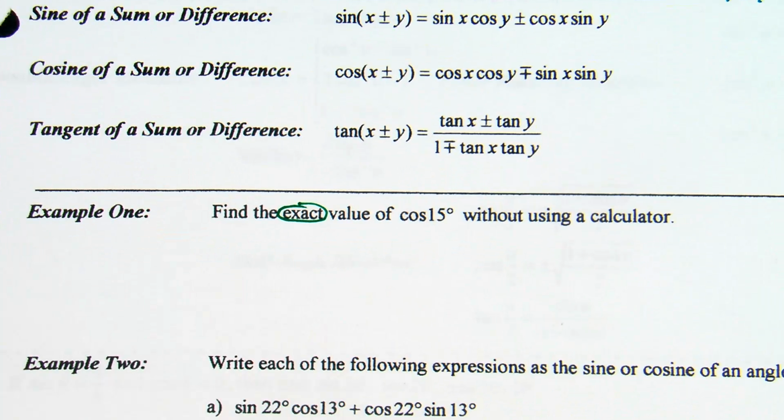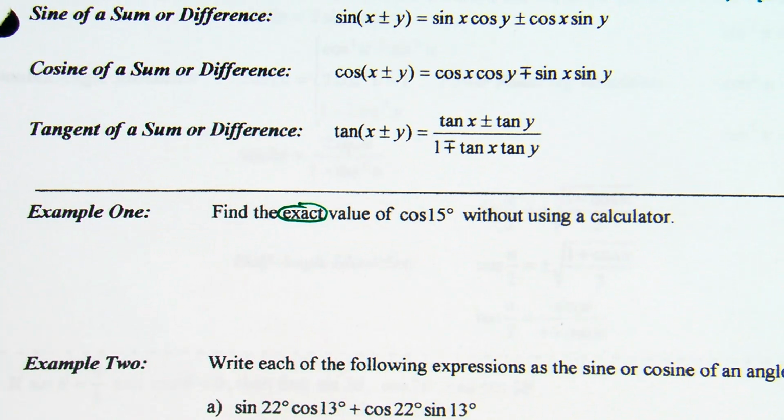Let's look at example 1. It's asking me to find the exact value of cosine of 15 degrees without using a calculator. Is cosine of 15 degrees on our chart that we've been using? No. What does our chart have on it? Our chart has 30 degrees, 45 degrees, 60 degrees. 15 degrees isn't on there.